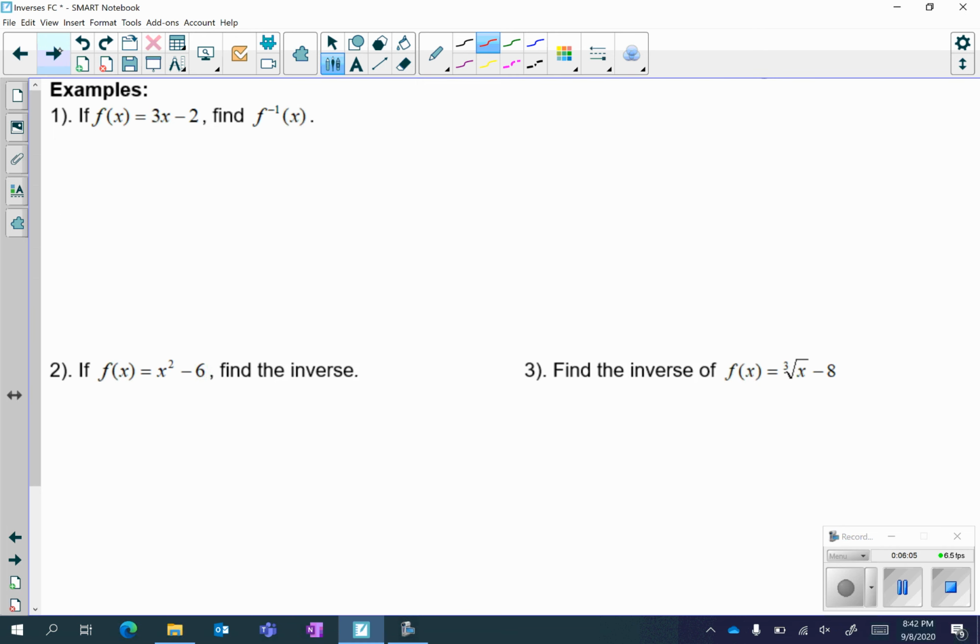Let's try a few examples. So for the first one, we have f of x equals 3x minus 2. They want you to find the inverse. I know they're asking you to find the inverse because I see f negative 1, which means f inverse. So start by making it y equals.